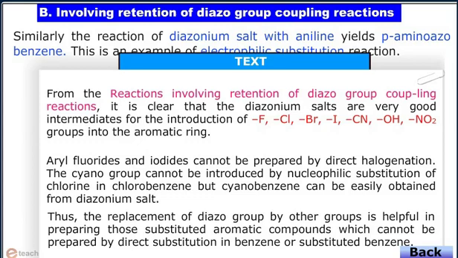The cyano group cannot be introduced by nucleophilic substitution of chlorine in chlorobenzene, but cyanobenzene can be easily obtained from diazonium salt. Thus, the replacement of the diazo group by other groups is helpful in preparing those substituted aromatic compounds which cannot be prepared by direct substitution in benzene or substituted benzene.